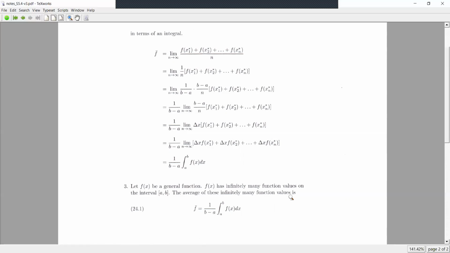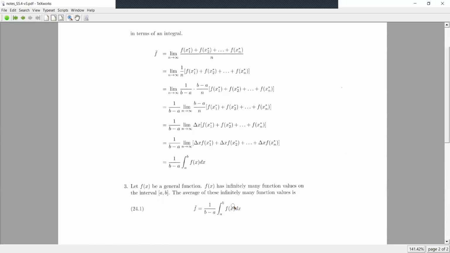The formula is f bar. By f bar, I mean the average function value over this interval. The formula to compute f bar is 1 over b minus a times the integral from a to b of the function f.